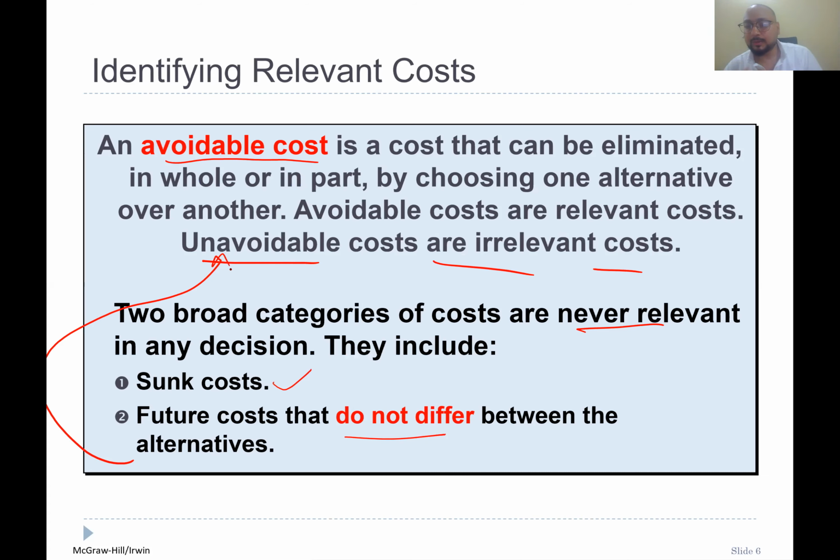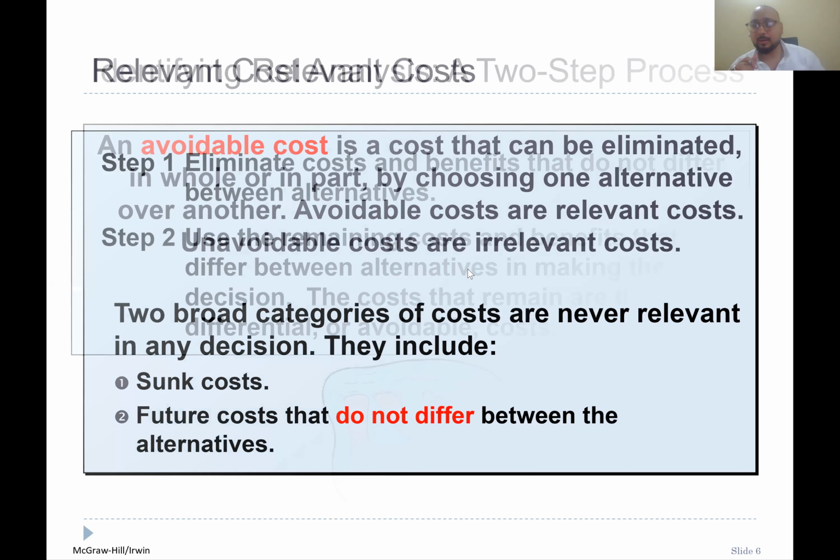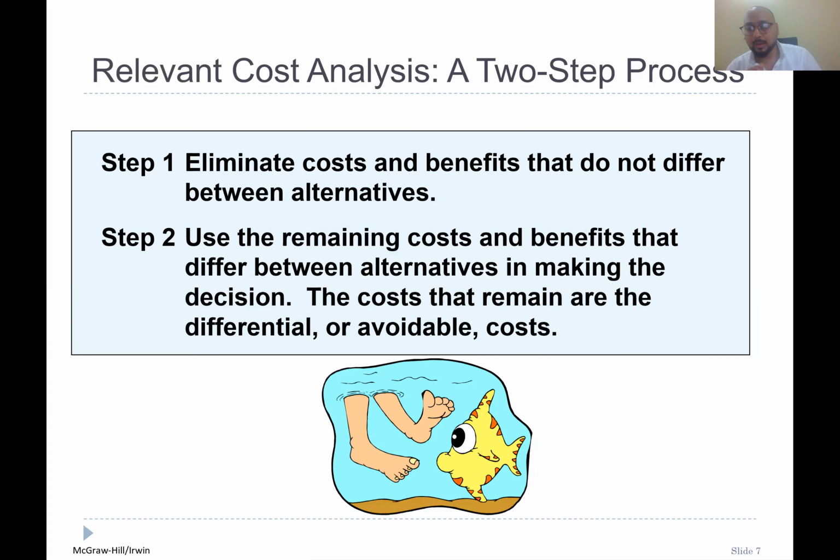So when we decide something, we categorize our cost as relevant cost or irrelevant cost. Relevant costs are avoidable costs, or those costs which differ between alternatives. The unavoidable costs that do not differ between the alternatives, and the sunk costs are irrelevant. If you recall, the definition of sunk cost is a cost that has been incurred and cannot be recovered.